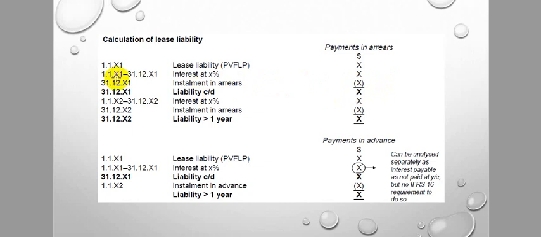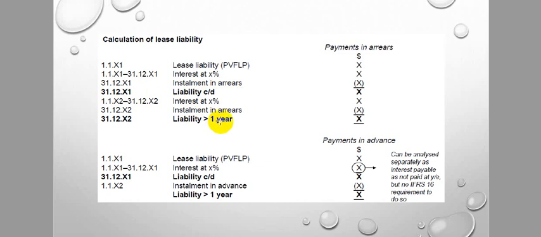So from this illustration, we assume that we are being asked to report on the lease at the end of 31st December X1. The standard requires that the lease liability should be split into the non-current liability and the current liability portions.